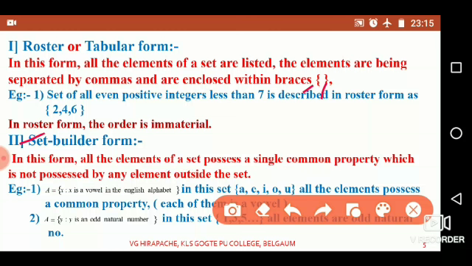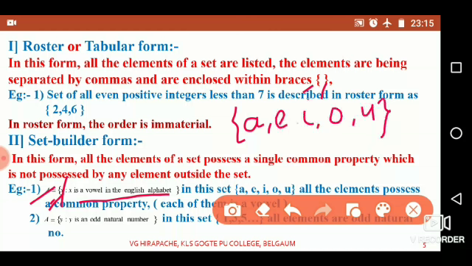In this case, we have an example. Set A is equal to {x : x is a vowel in English alphabets}, the element of this set being represented by the notation x. Therefore, x is a vowel in the English alphabets, which means we are familiar with those elements: a, e, i, o, u.